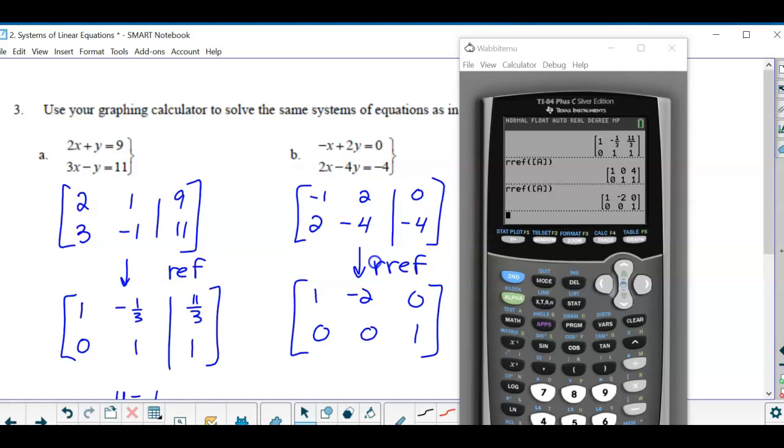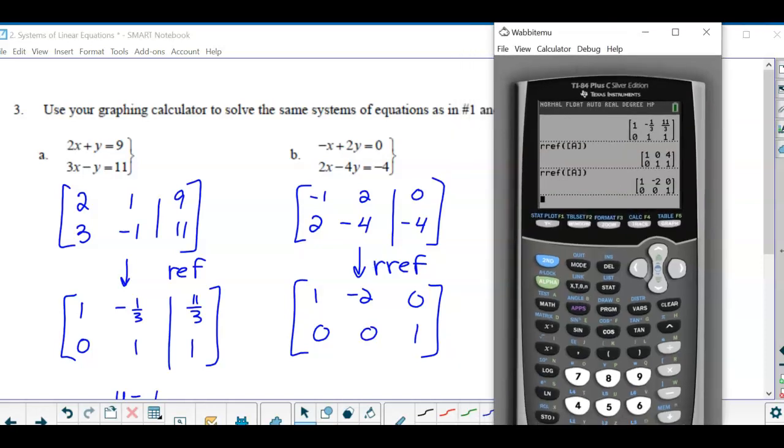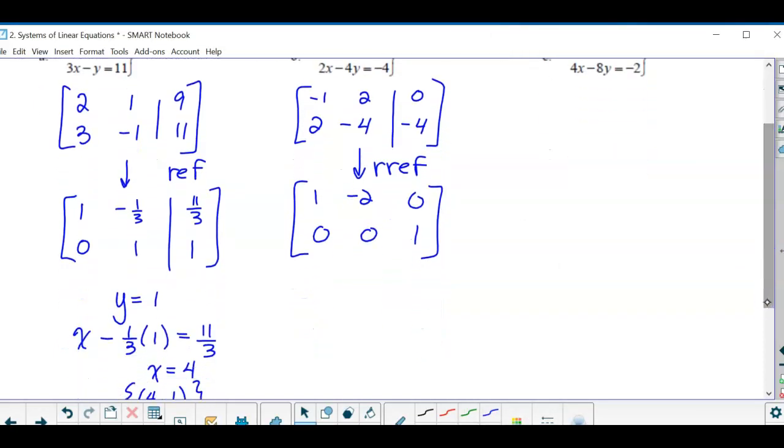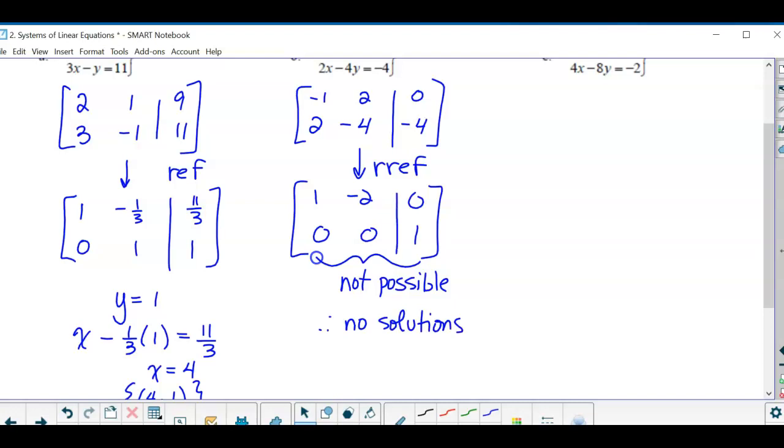Here it's 0 equals 1, not true. Doesn't matter what that value is. So this is not possible. No solutions. Okay, so remember that's your equal sign. So 0 cannot equal 1.